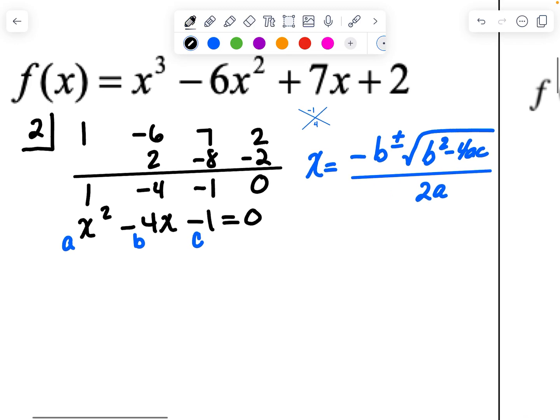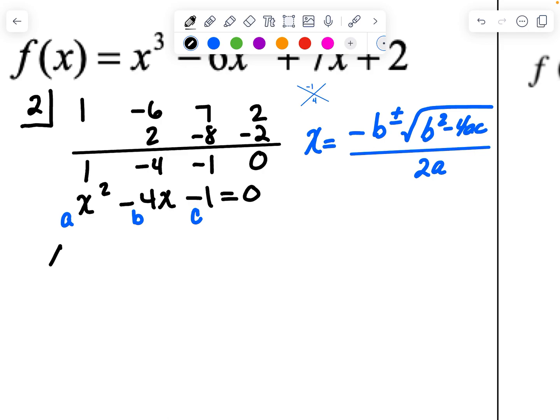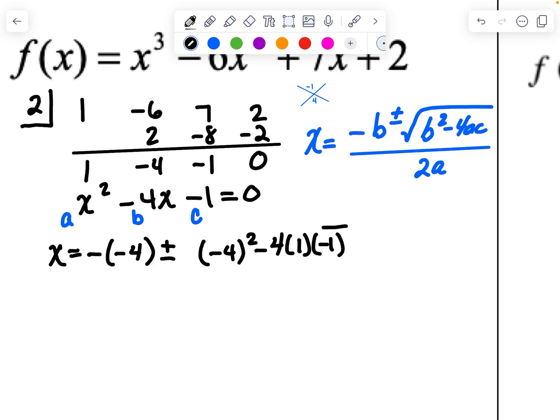And you're going to go x equals the opposite of -4, plus or minus -4 quantity squared minus 4 times a times c, all in the square root, divided by twice a.